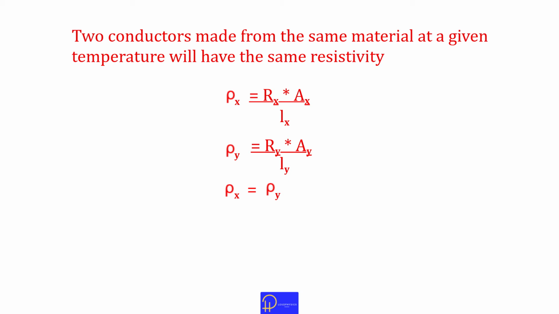That will give us Rx times Ax over Lx equals Ry times Ay over Ly. Knowing this can save you a lot of time when you have questions to solve.